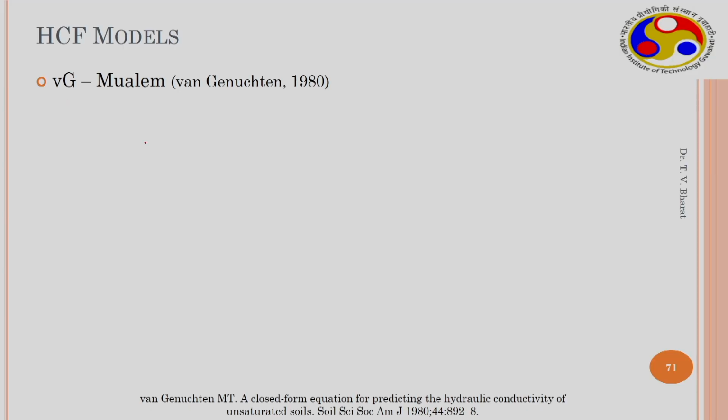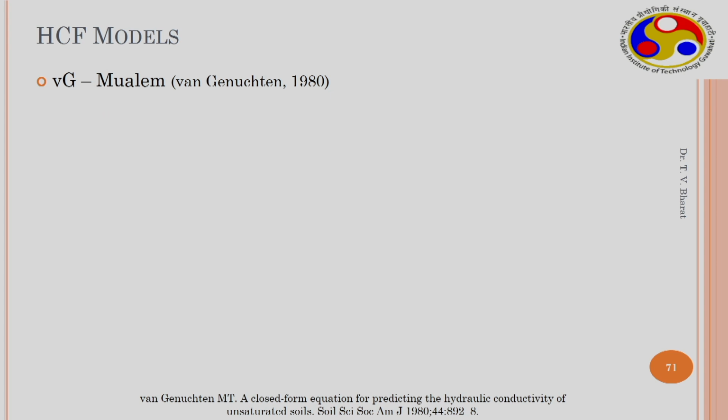So here, the van Genuchten and Mualem model is the model for hydraulic conductivity function estimation, and we can derive analytical solutions for hydraulic conductivity function by combining the SWCC model and the expressions given for hydraulic conductivity functions. One such integration between SWCC and hydraulic conductivity function is the van Genuchten model.